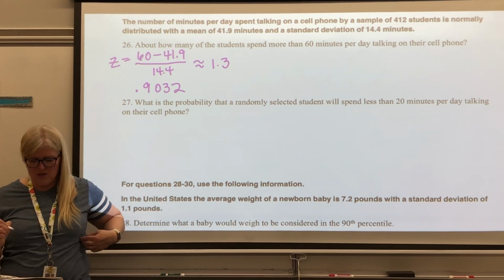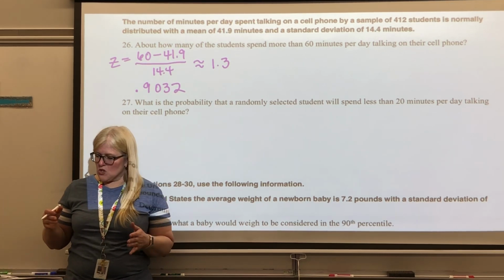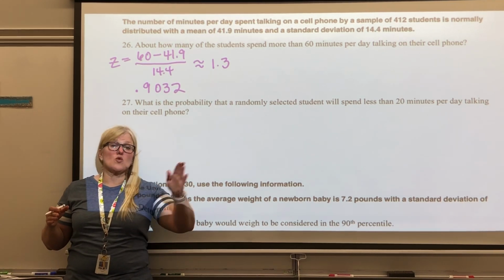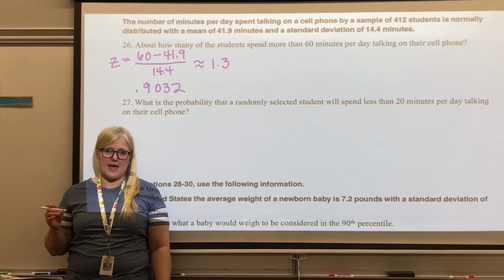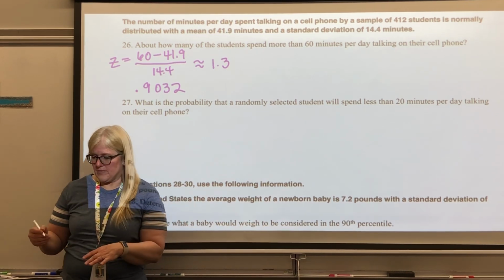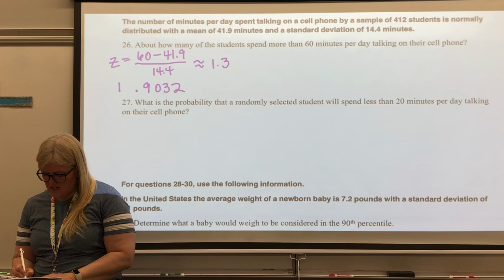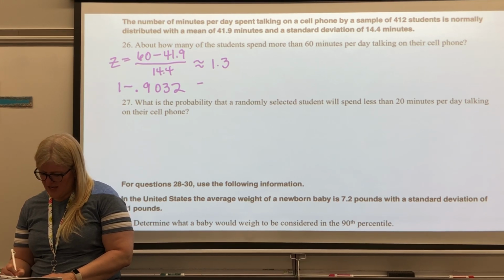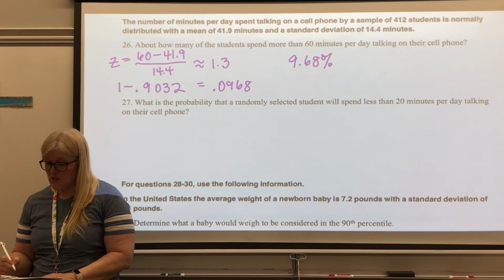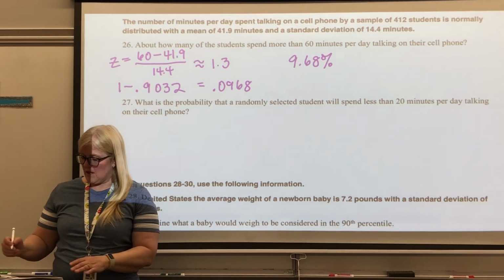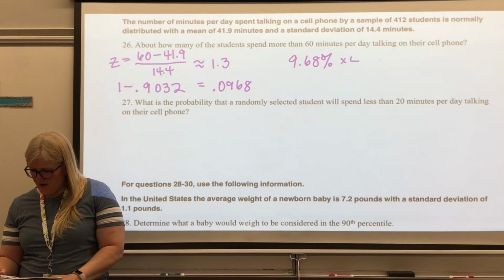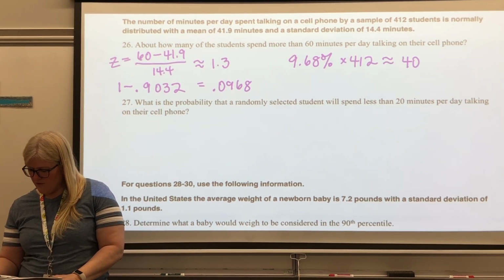So 90.32% of students talk 60 minutes or less. But I want more. So I need to subtract it from 1, and I get 0.0968, which is 9.68% of students, but they're asking me how many. So now I multiply by 412, and I get approximately 40 students.